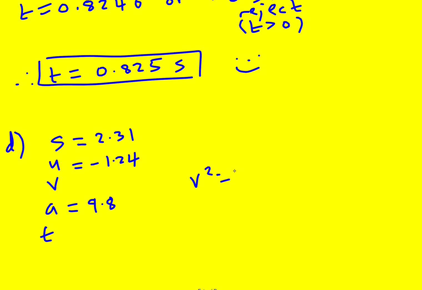So v squared is equal to u squared plus 2as, which is going to be minus 1.24 squared plus 2 times 9.8 times 2.31.